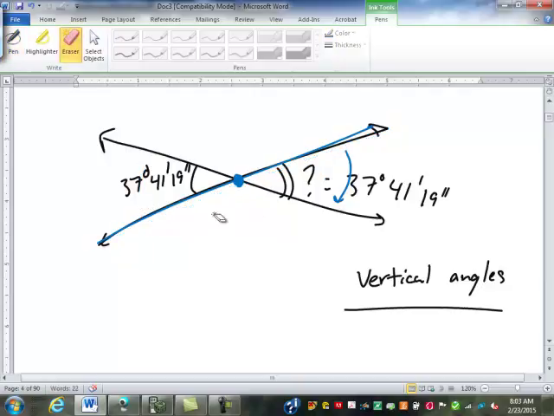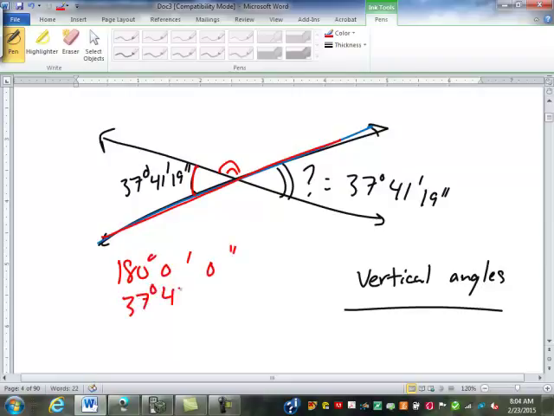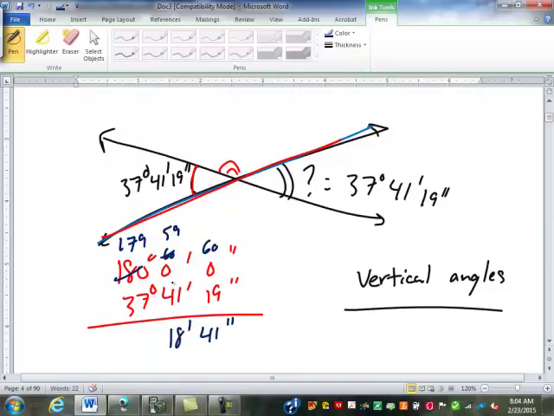The other way we could look at that is in terms of those adjacent angles. We know that this angle and this angle have to add up to a straight line, or 180. So if we did 180 degrees minus the 37 degrees, 41 minutes, 19 seconds, we get 142 degrees, 18 minutes, 41 seconds.